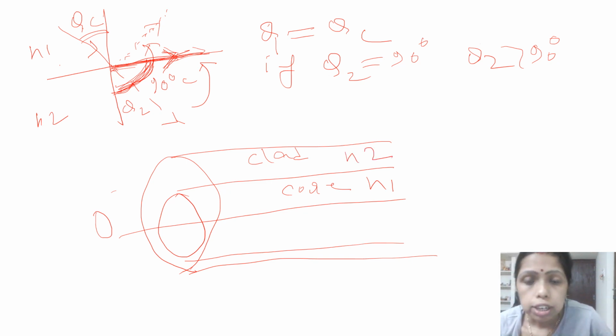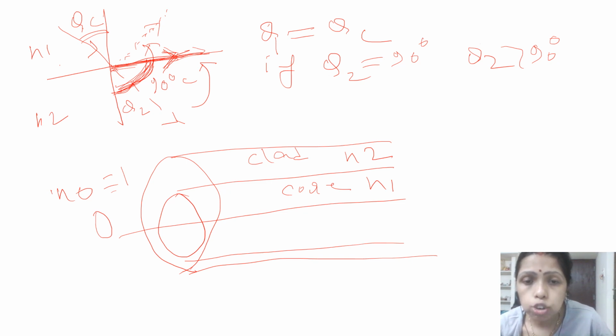Suppose it is placed in air, the outside refractive index is eta naught, which is equal to 1. This is eta 1 and eta 2.